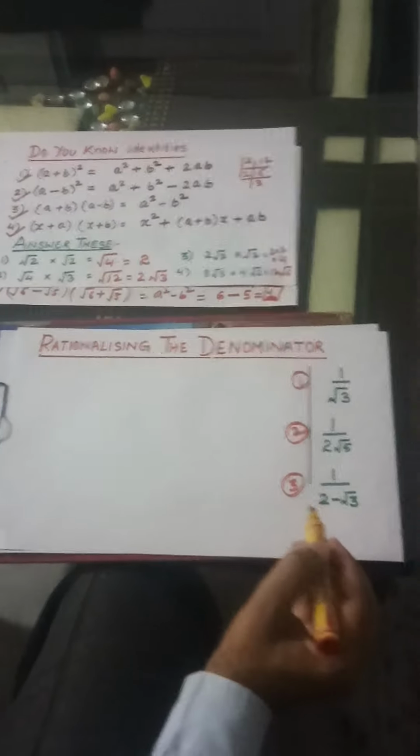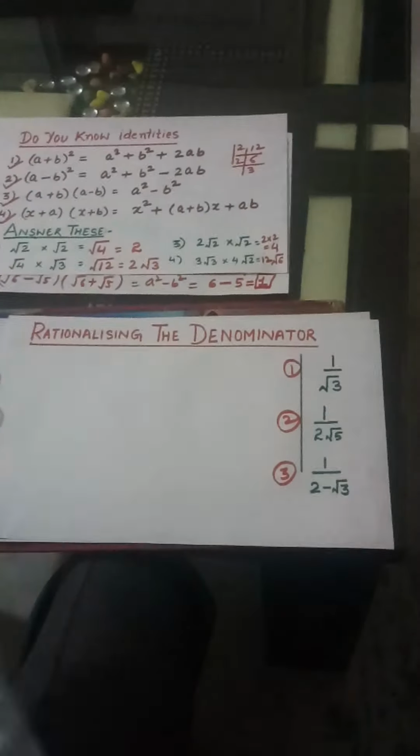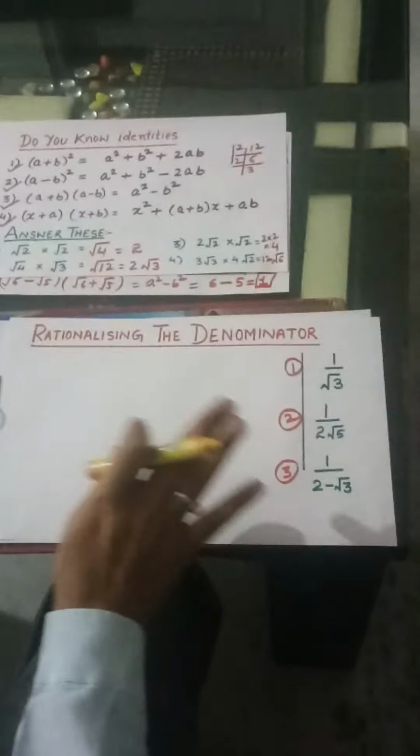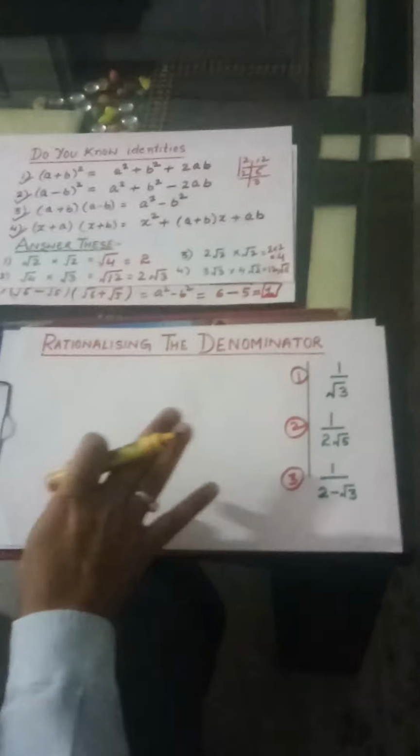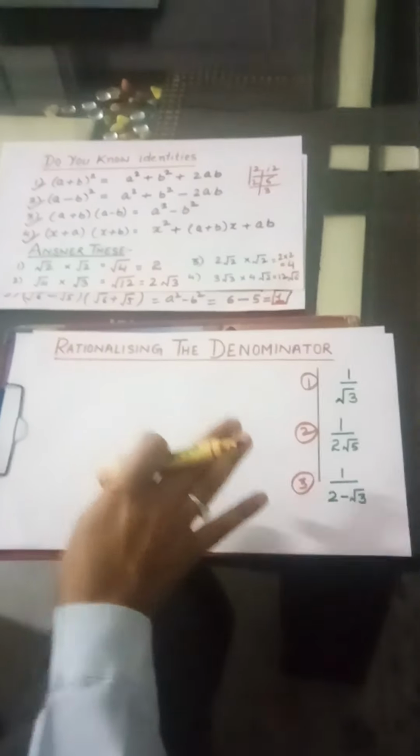So the main thing is to eliminate or get rid of this under root from the denominator. In the numerator, if the under root comes, then we can consider that, but in the denominator, there should not be any under root. So that is what we call rationalizing the denominator. Once again, I am telling, in the numerator we can consider the under root, but in the denominator we want to get rid of that.